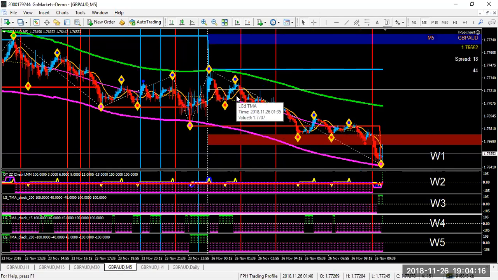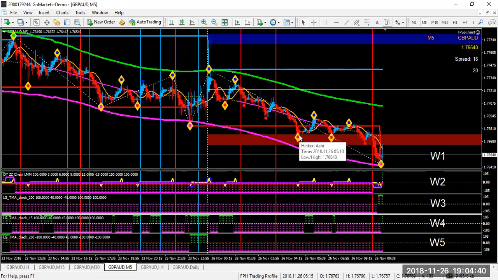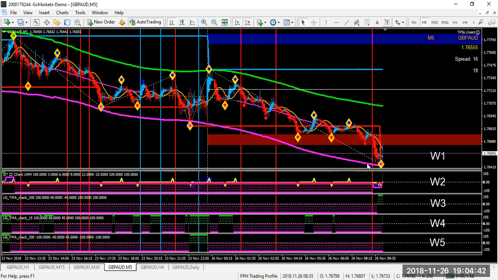I did have them as dots, but then I thought perhaps some people just wouldn't take so much notice of it, so I decided to actually color it fully as a diamond. The difference between these red diamonds is that it doesn't have a dotted white line joining it, so it isn't the current low, and we can see that because it's a lower price.